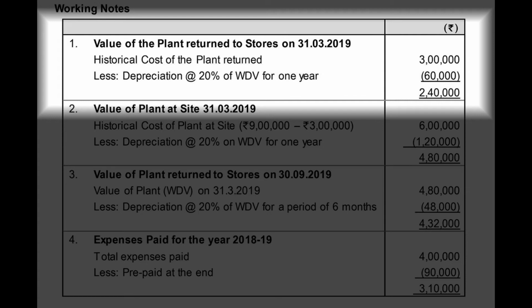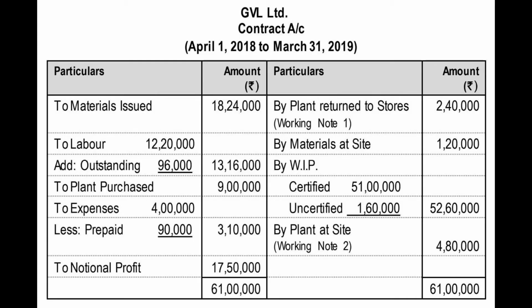So 3 lakhs minus 60,000, the resulting figure will be 2,40,000. Then go to contract account, go to credit side, particulars, by plant returned to stores, rupees 2,40,000 on the outer column. Within bracket, write working note 1.